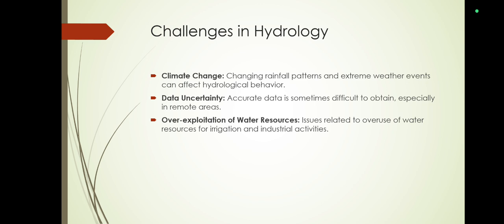In third world countries it is more difficult. So data uncertainty is a major issue in hydrology. And the last one is over-exploitation of water resources. This is also a very well known issue related to the overuse of water resources for irrigation and industrial activities.